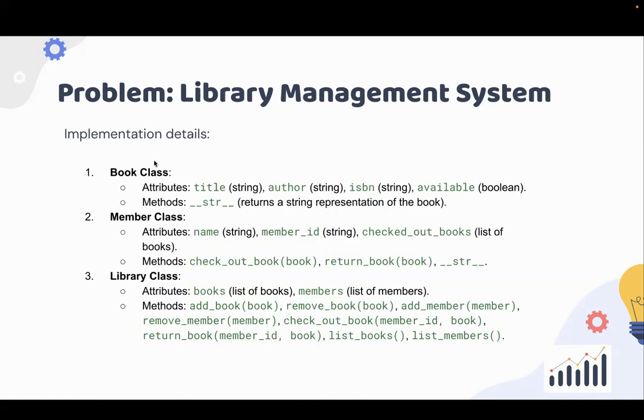So here are some implementation details. If you guys want, you can read these details and work in breakout rooms as groups. How many people do you think would be a better option?